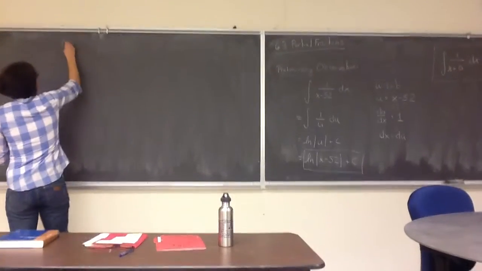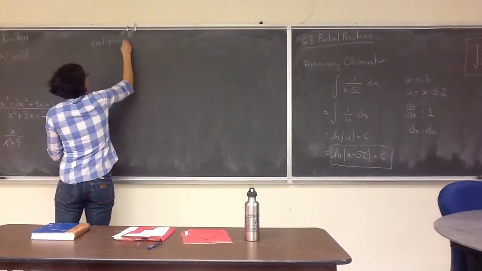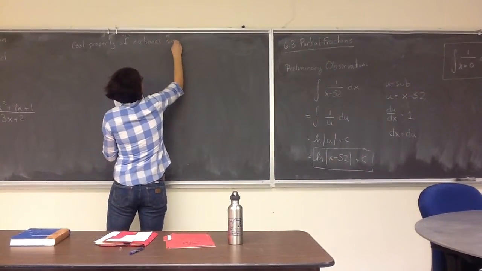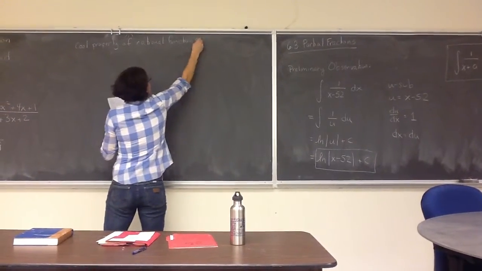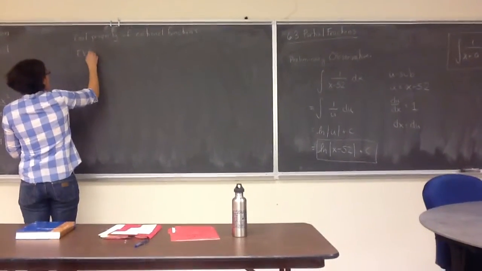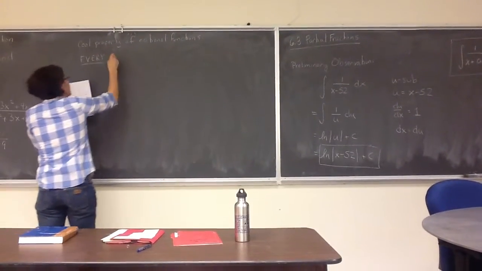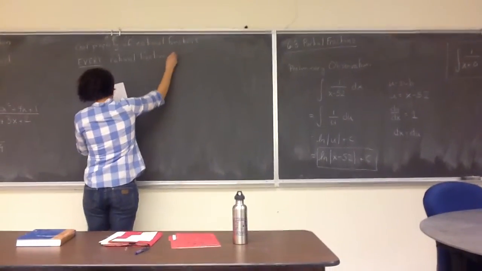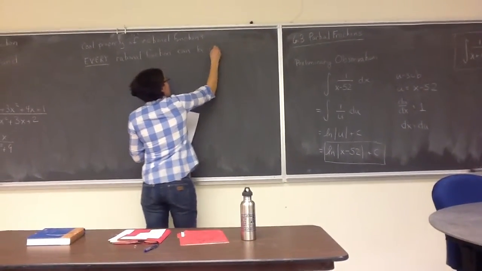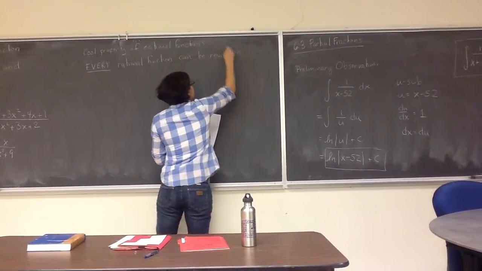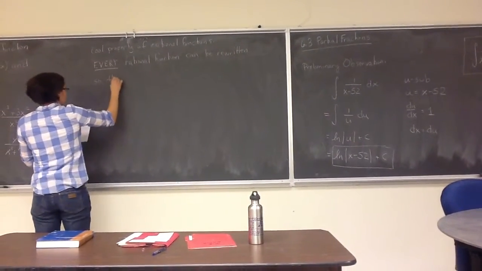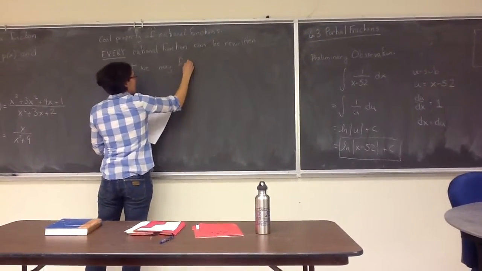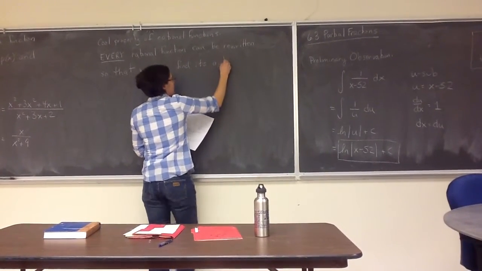So, a cool property of rational functions is that every rational function can be rewritten so that we may find its antiderivative.